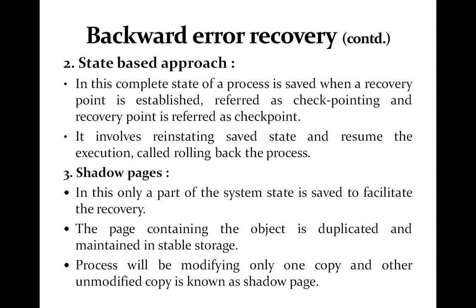At the recovery points, the state of the system must be available, and it will be available only when we save the states. Now, the process of saving the state is known as checkpointing, and the recovery point is referred to as the checkpoint.